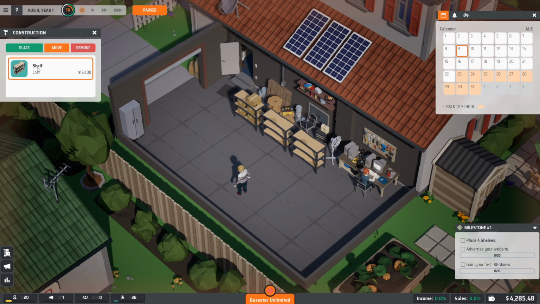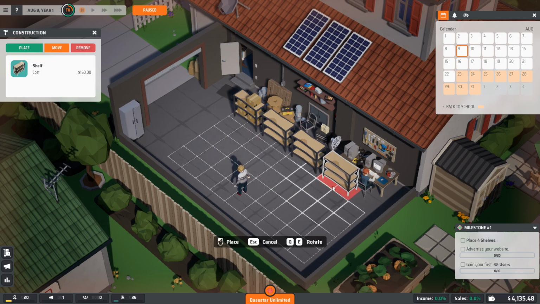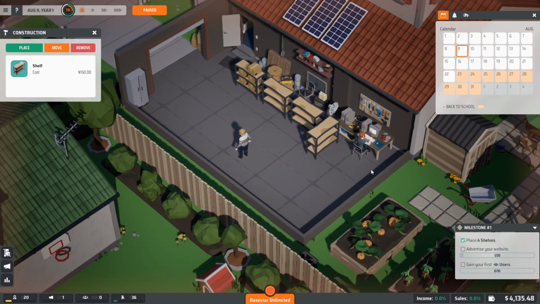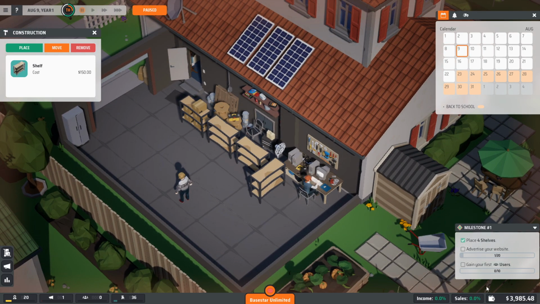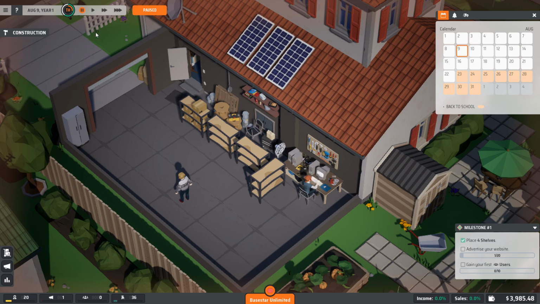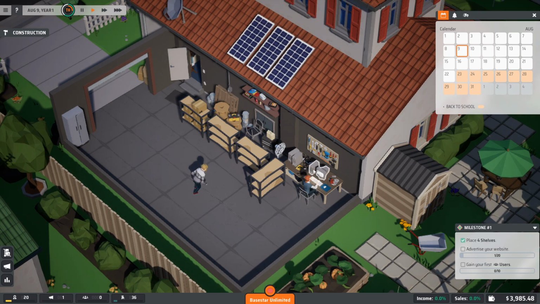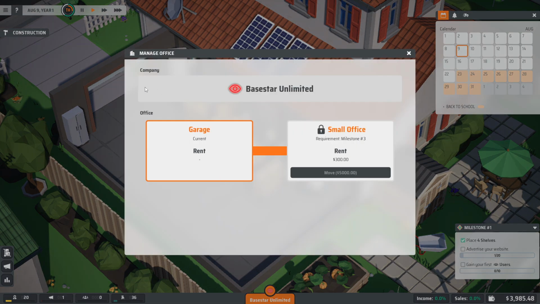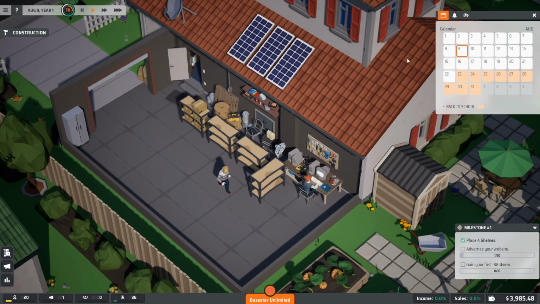Let's maybe do that. Rotate. Okay. That's all shelf stuff. Okay. Advertise the website. Okay. Current. That's manage office.